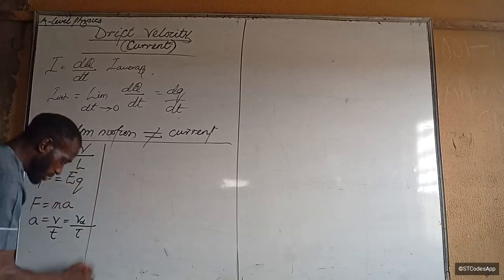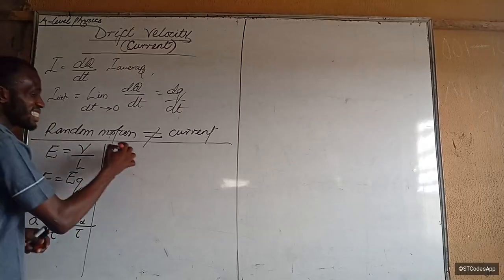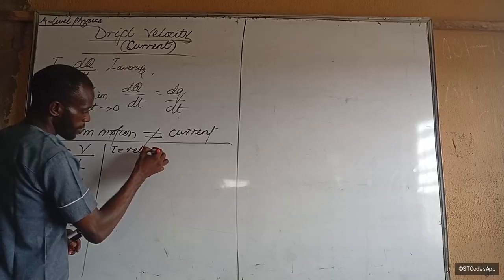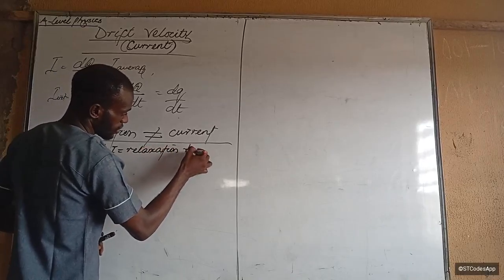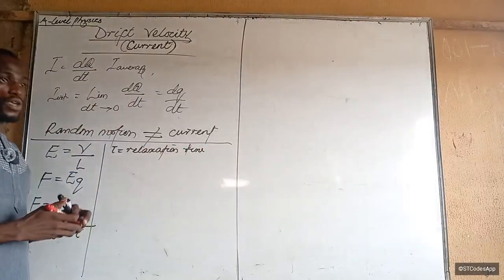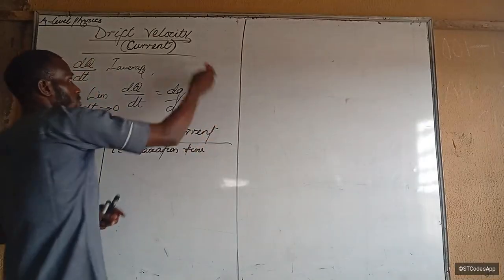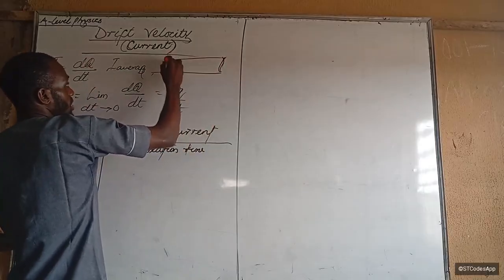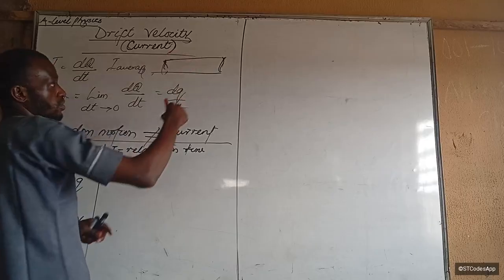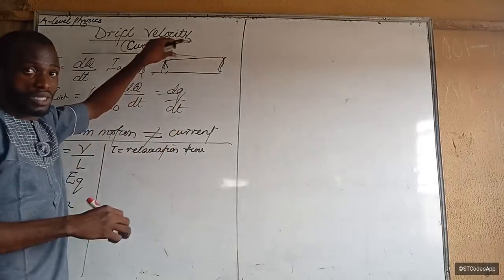Now, what does tau represent? My tau represents the relaxation time from collision. This is it. Relaxation time. Now, where did I bring this from? In the lattice structure of the metal. So if this is our metallic conductor, it has a circular cross section, a cylindrical shape.